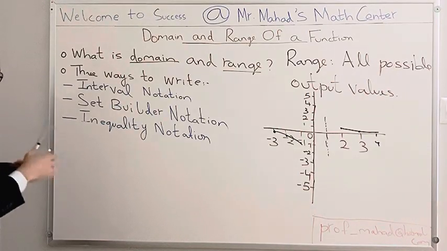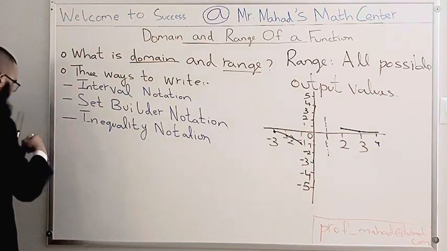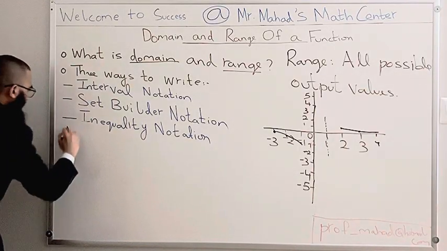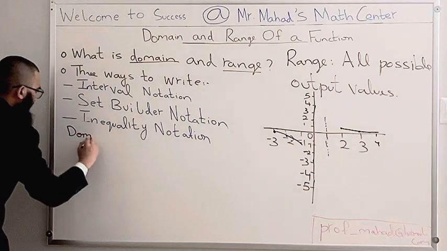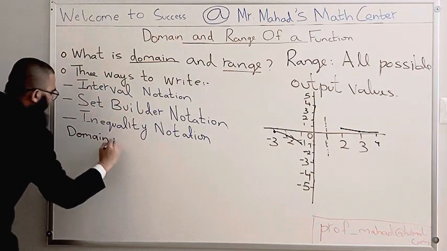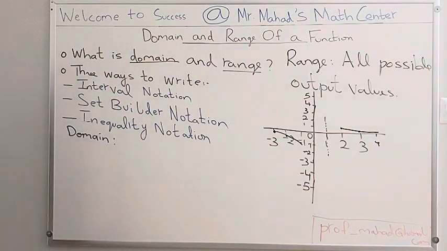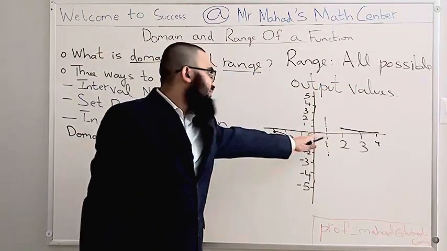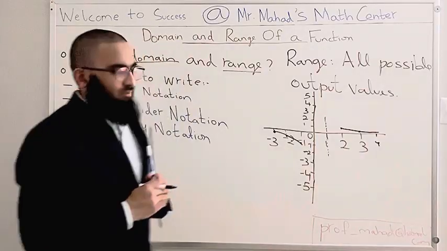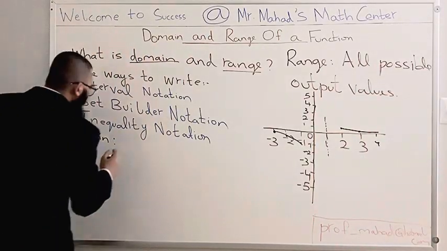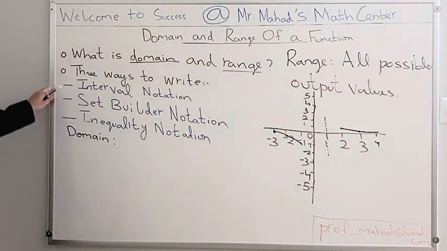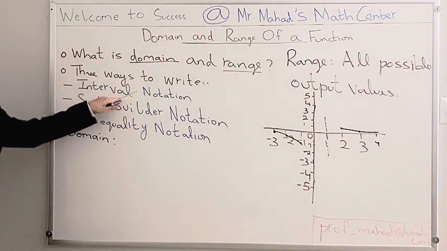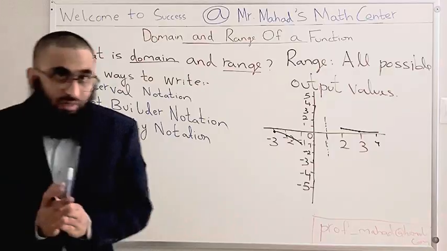So let's first write down the domain of this function. We know that all values of x are possible except 1. Let me write it in interval notation. Now how does interval notation look like?